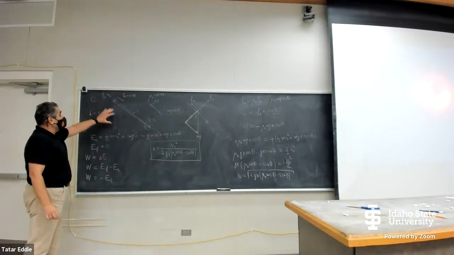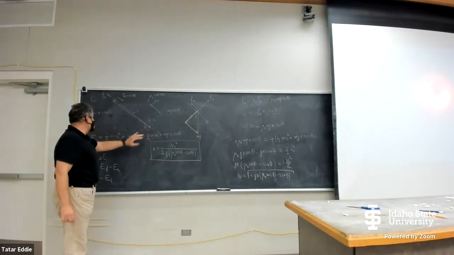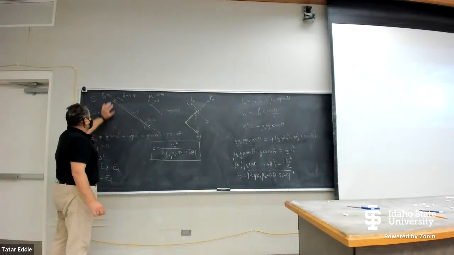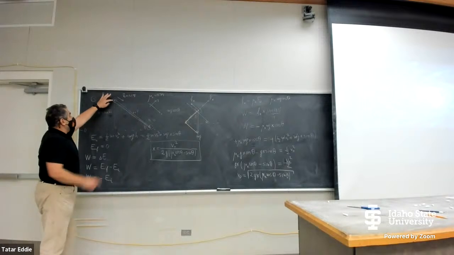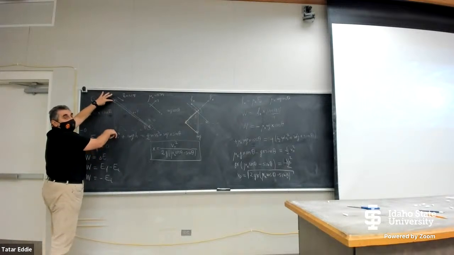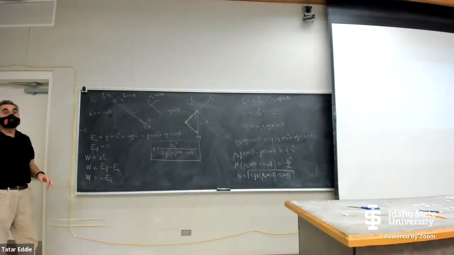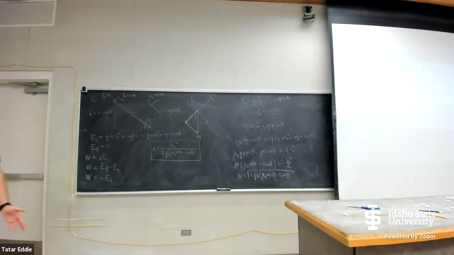So in that case, initial energy is going to have only a kinetic energy term. The final energy is not going to be zero, but it is going to be the gravitational potential energy, mgh. It is not going to be much different from that, yes.